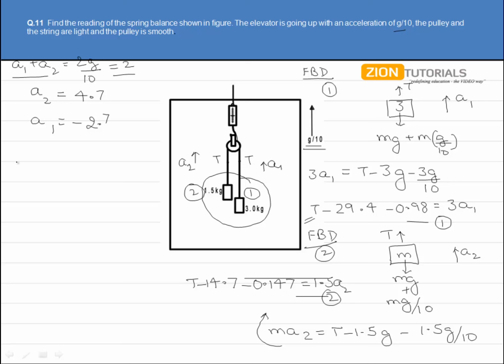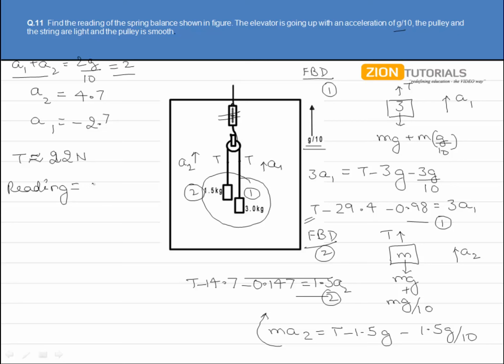Now, what is the tension T? From equation number 2, we get the tension T equals approximately 22 Newton.